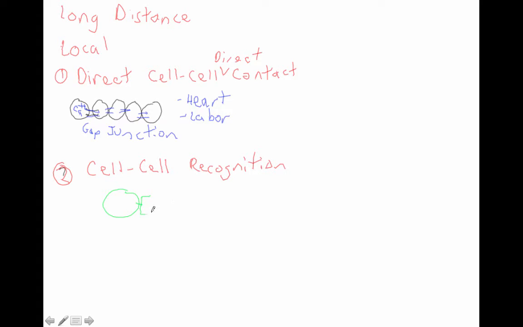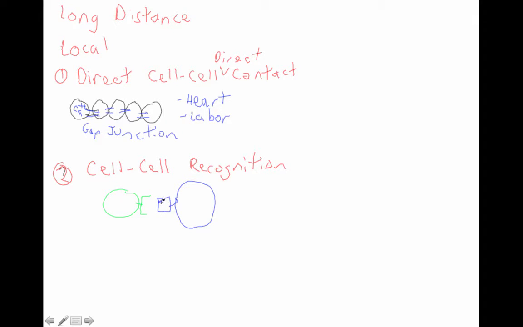And so let's draw a ligand here on the other side. And this particular cell here, let's draw the cell first, and we can give a couple examples of what it might be. And this particular cell here is going to have a ligand on it, like this.